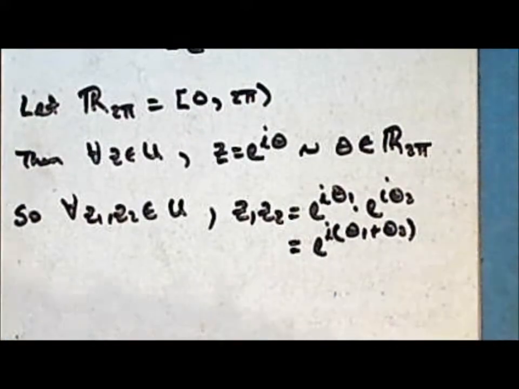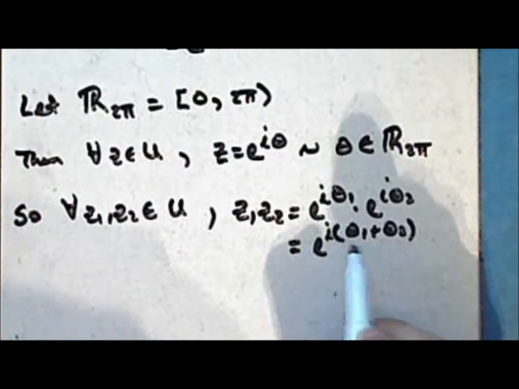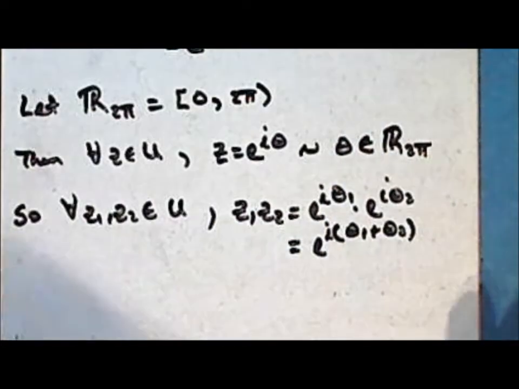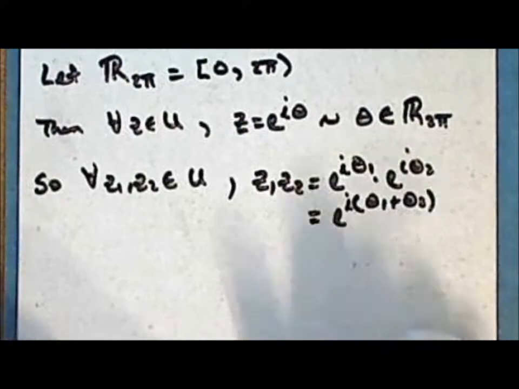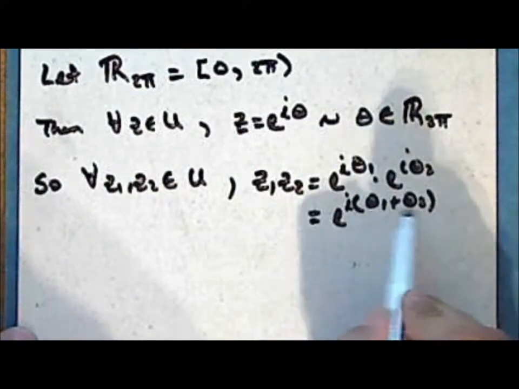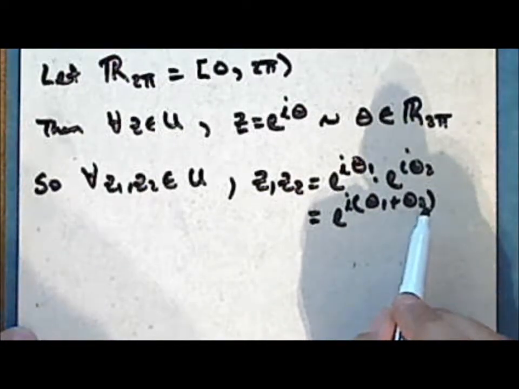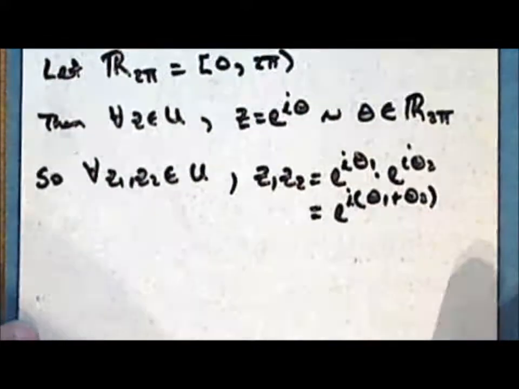So notice that multiplication of the complex numbers on the unit circle is associated with addition of their arguments. So if we require that this sum be restricted to the interval from 0 inclusive to 2 pi, then we can define a new operation.